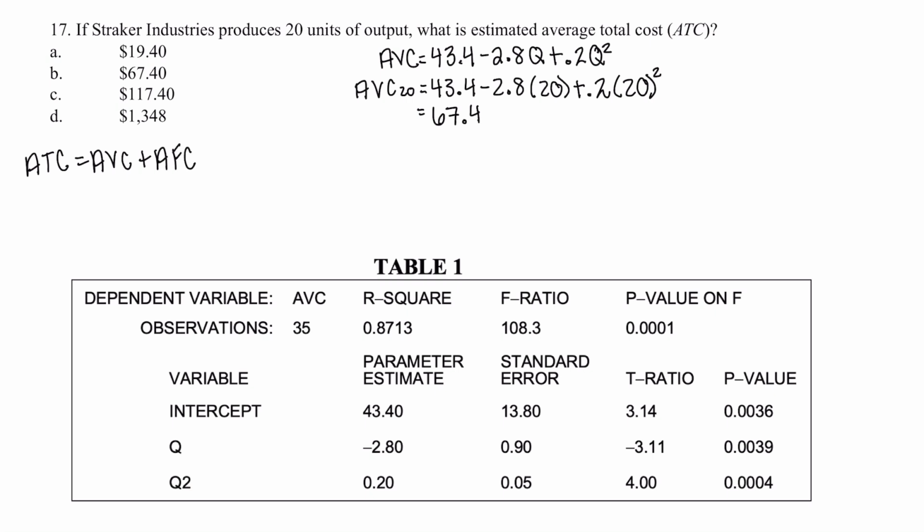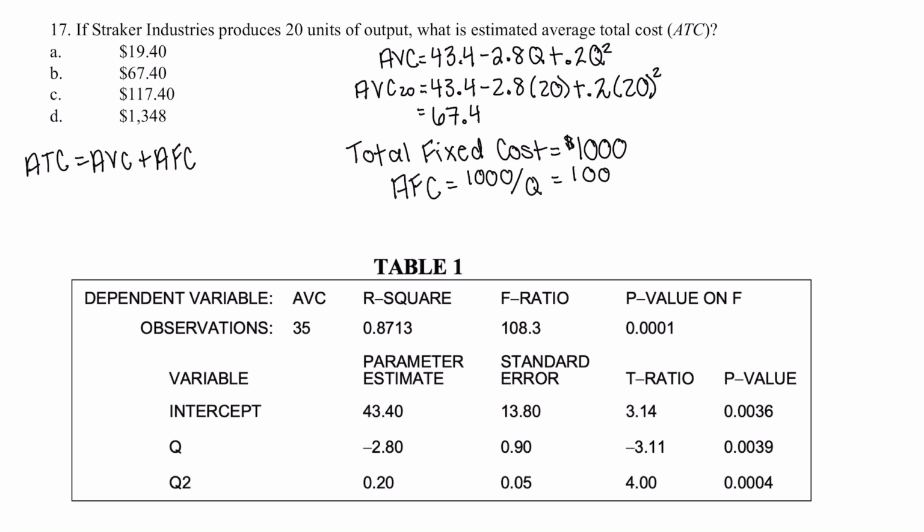So we need to find our average fixed costs. And we know that our total fixed cost, as given in the problem, is 1,000. If you go back and read the whole problem, it's in the paragraph at the beginning. And then average fixed costs is going to be 1,000 divided by Q, which is 1,000 divided by 20, which is 50.